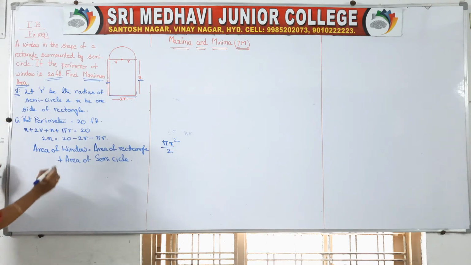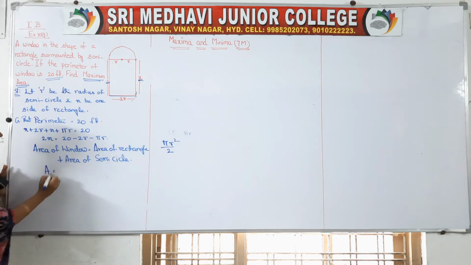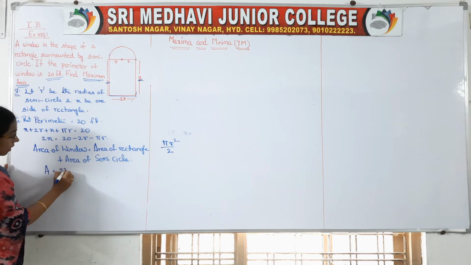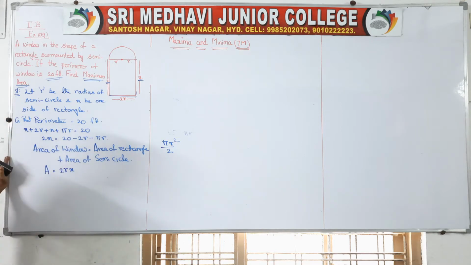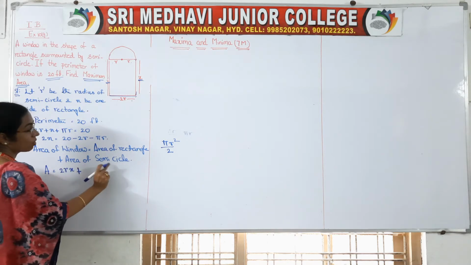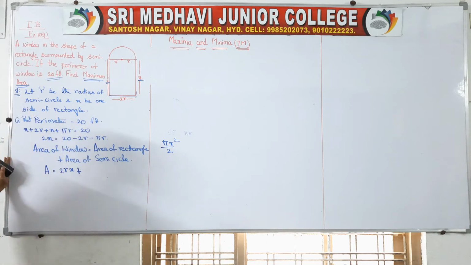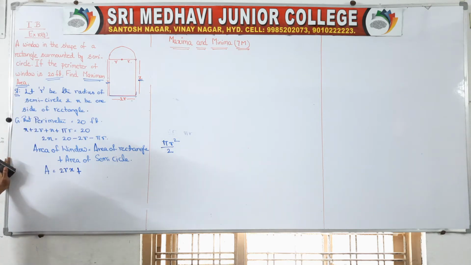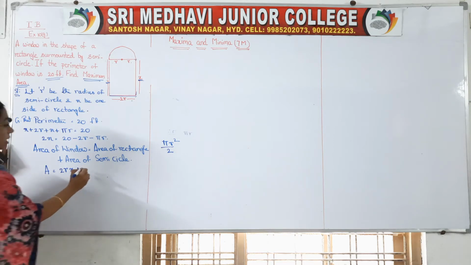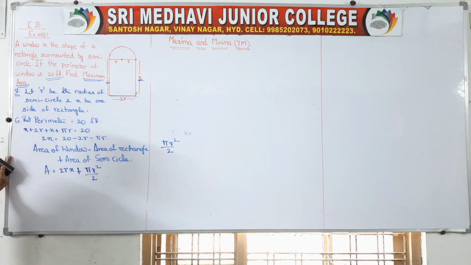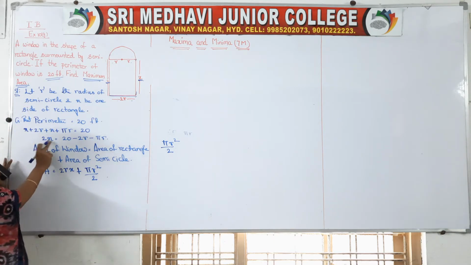So area is equal to the area of the rectangle, 2R into X, length into breadth, breadth into length, both are the same, plus the area of the semicircle. The area of a circle is pi R squared and the area of a semicircle is half of that, pi R squared by 2. And what is your 2X?